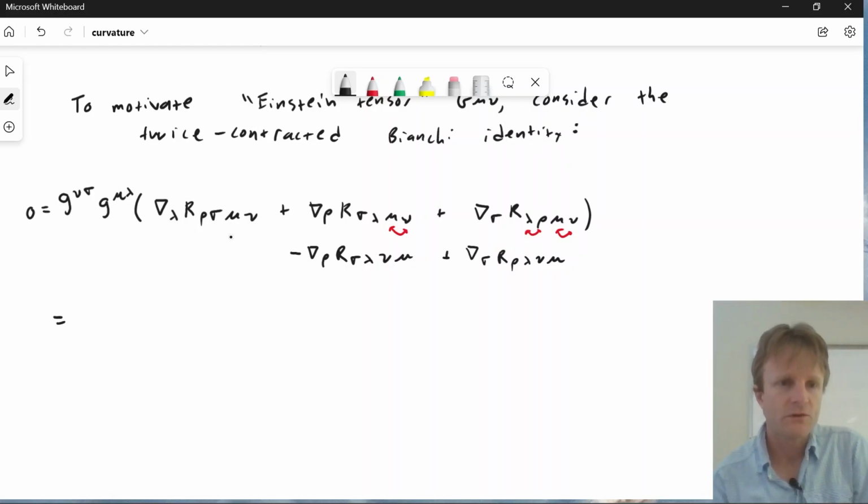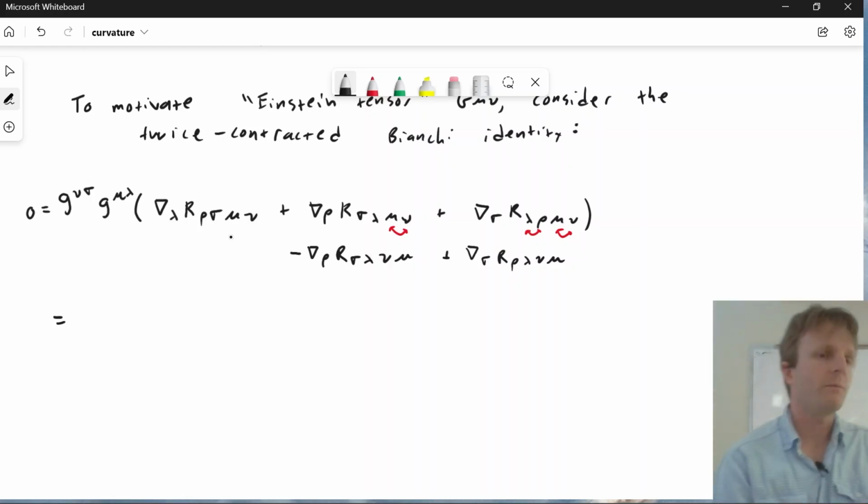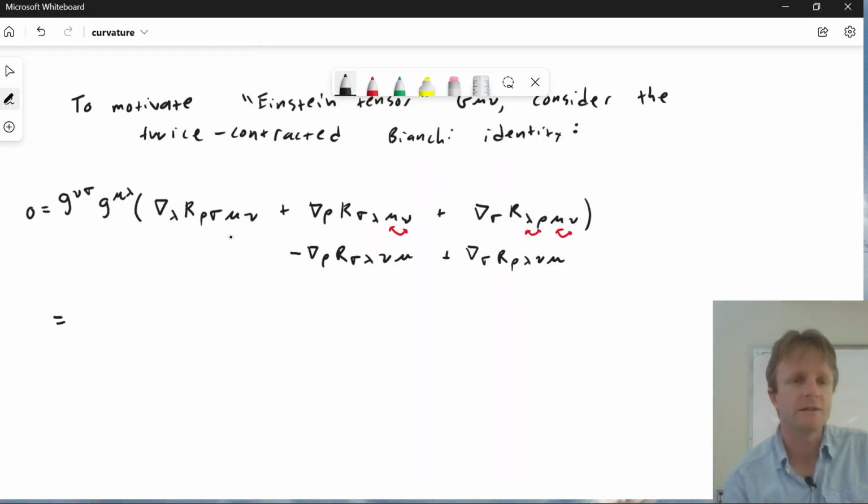So what's this first term? Remember, covariant derivatives commute with metrics. That's the whole point. We made the vanishing of the covariant derivative on the metric an axiom for finding the right derivative. So we can move these g's inside, and then we just have contractions. So this becomes del lambda R nu sigma rho.